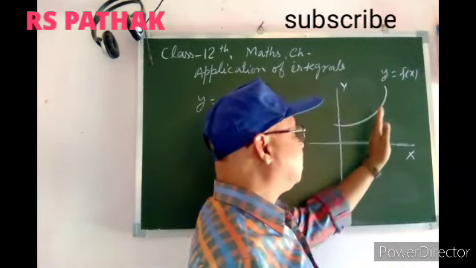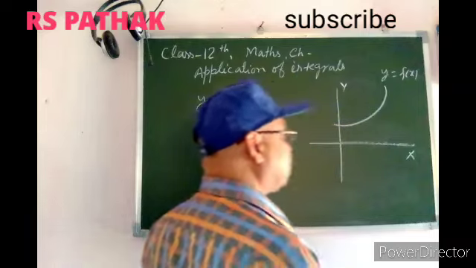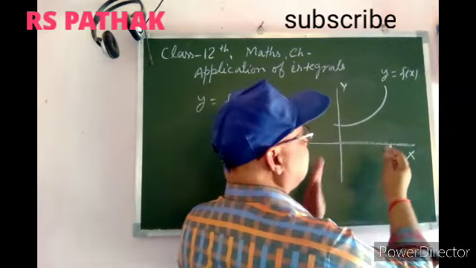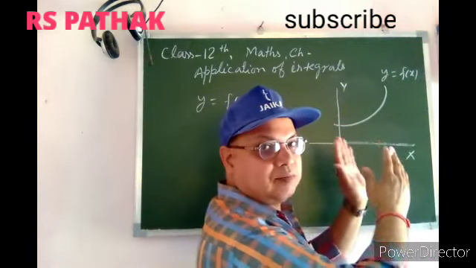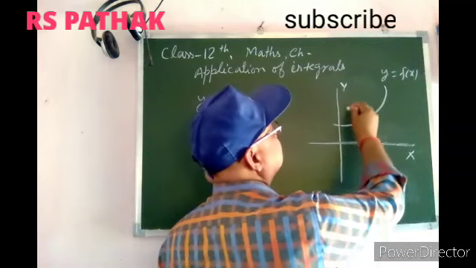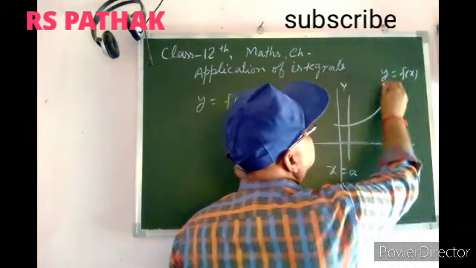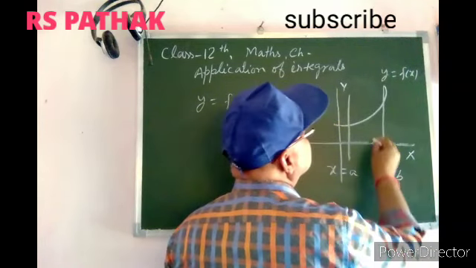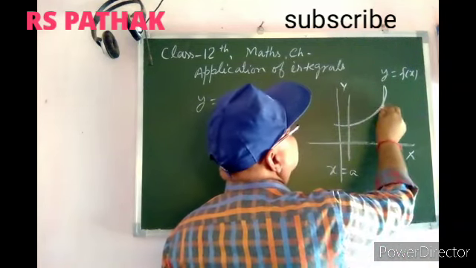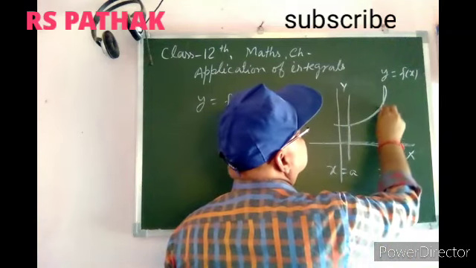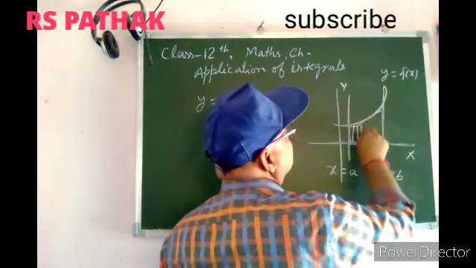For finding the area of this figure, we shall bind the figure. Let us suppose this is bound by x equal to a and this is x equal to b. This area we have to find out.